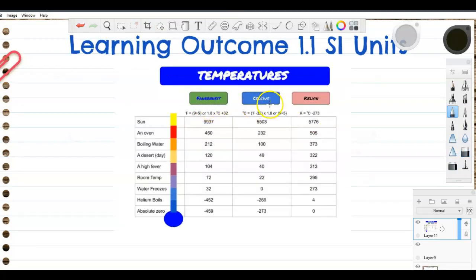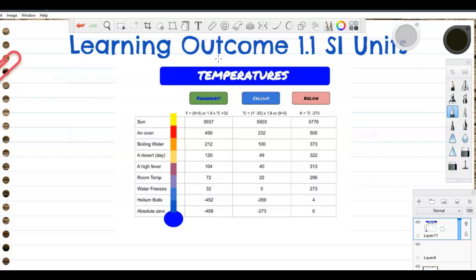Now we have Fahrenheit, we have Celsius, and we have Kelvin. The sun, pretty hot. In Fahrenheit 9,937 degrees, Celsius 5,503 degrees, Kelvin 5,776. Then you have your ovens, boiling water, a desert day, high fevers, room temperature, water freezing, helium boils.